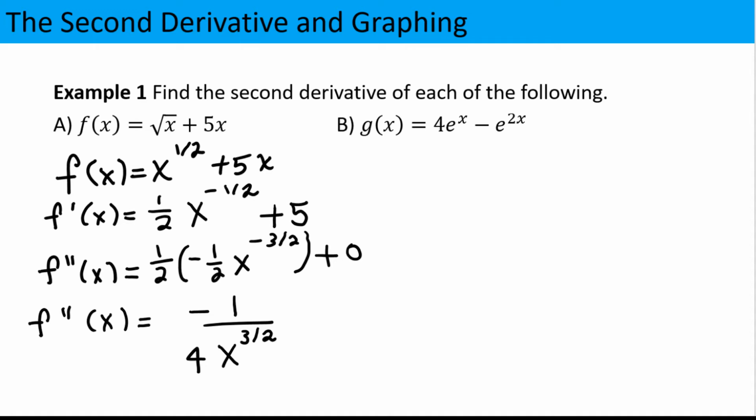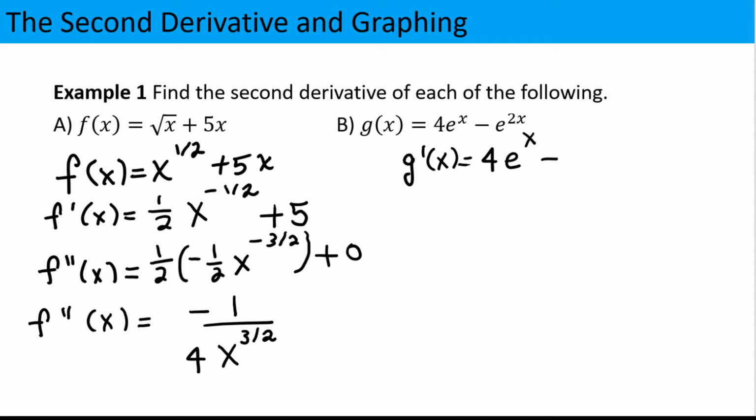Let's do part B. g of x equals 4e to the x minus e to the 2x. We first find the first derivative. So g prime of x is the constant 4, and the derivative of e to the x is just e to the x.